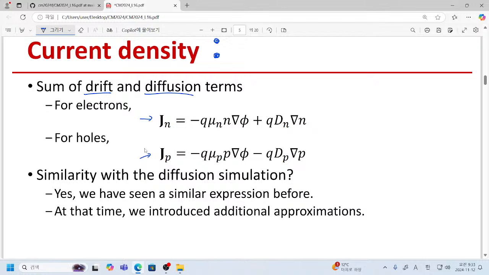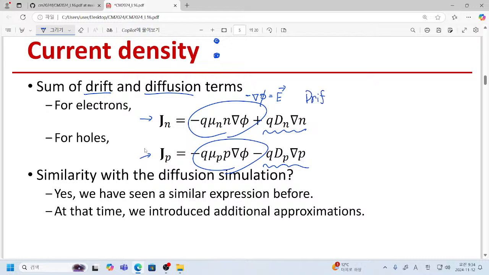This is called the diffusion term, and you can also identify another term related with the gradient of phi. You know that minus gradient of phi is just given as the electric field under the electrostatic approximation. So now you can understand the first term on the right hand side corresponds to the electric field. So this is called the drift term.